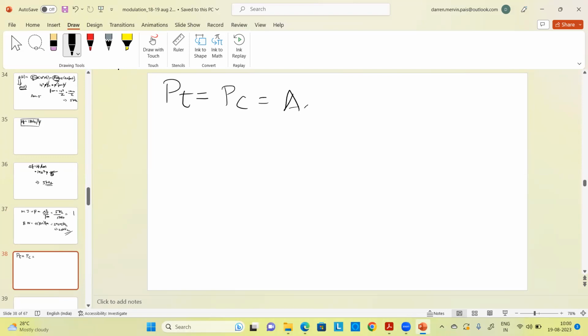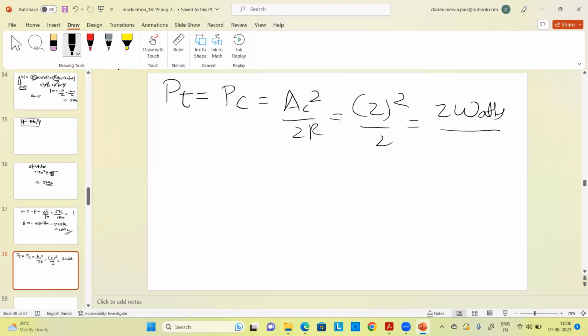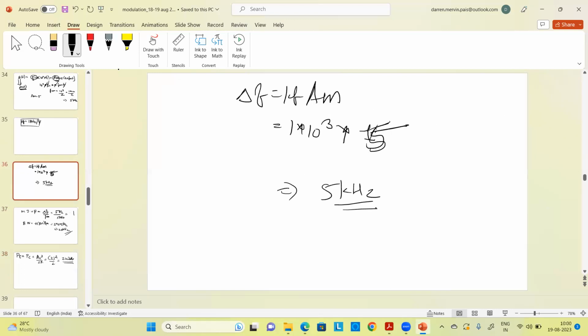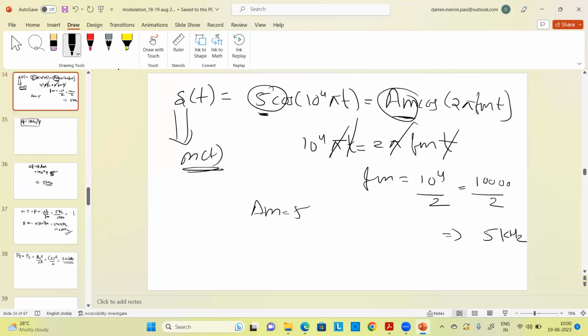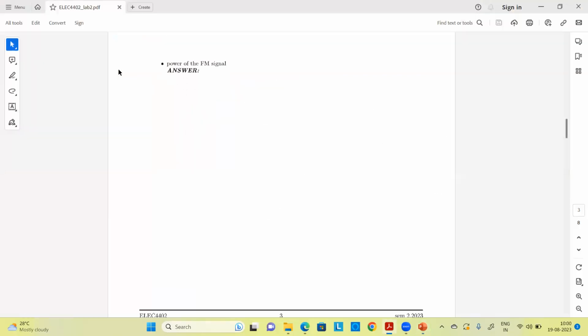Hence I can say Ac square by 2R, which is 2 square upon 2, is equal to 2. Clear? Okay, so this is about it. Any doubts in these two numericals?